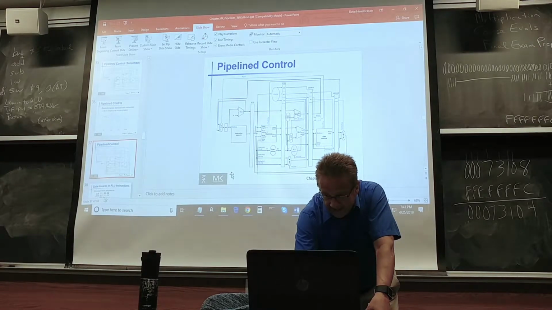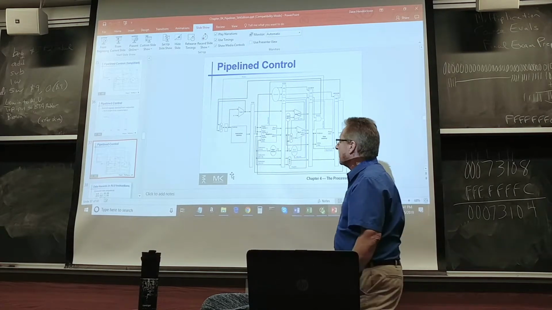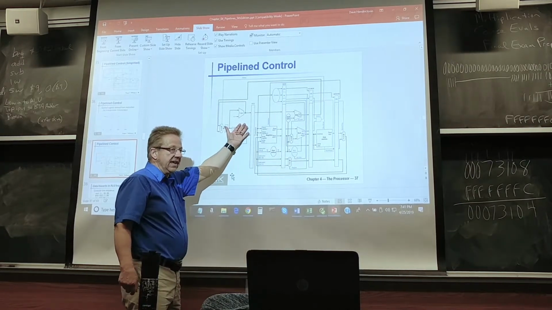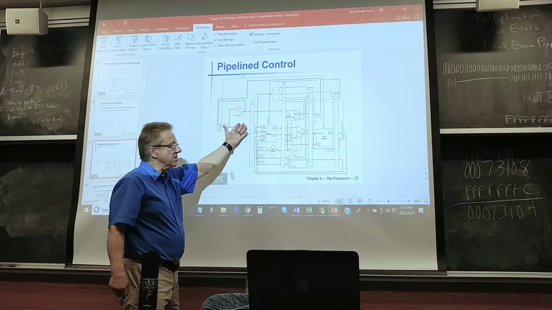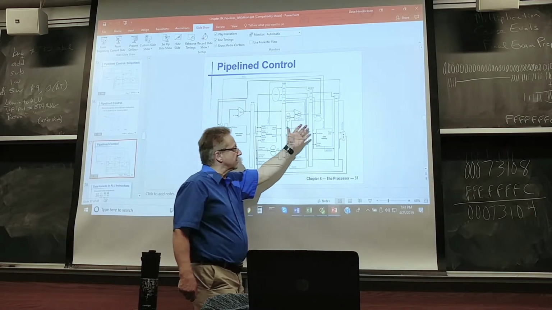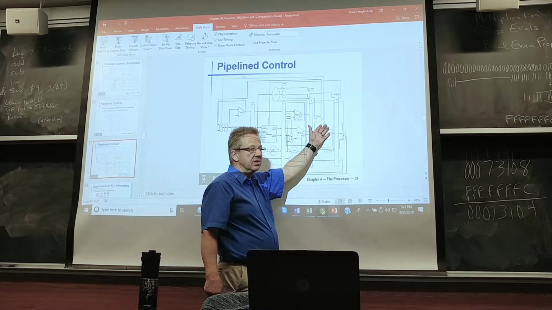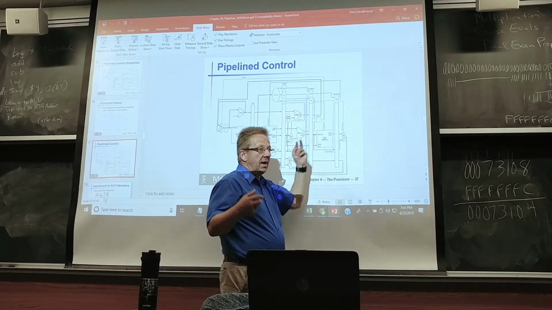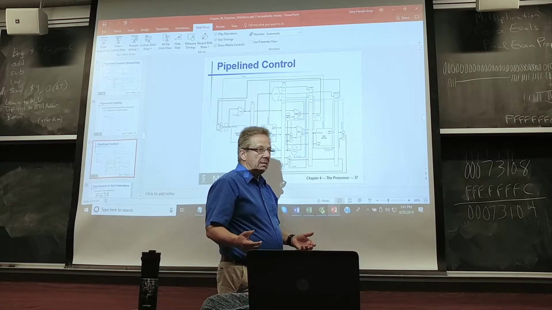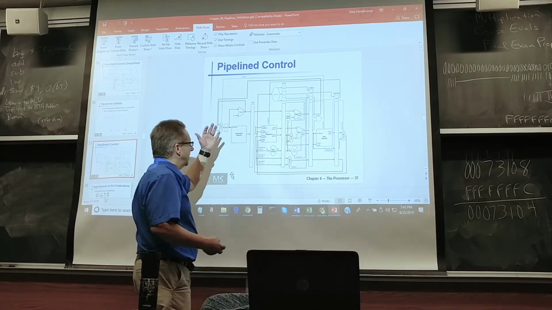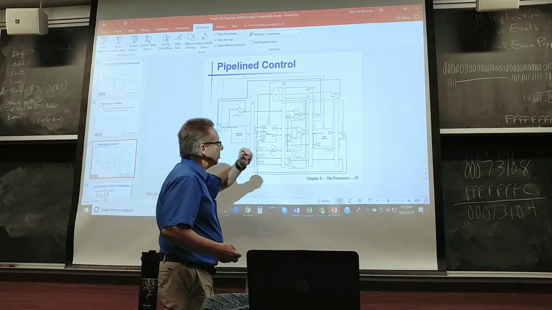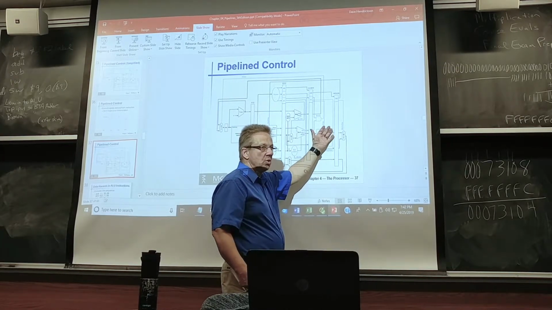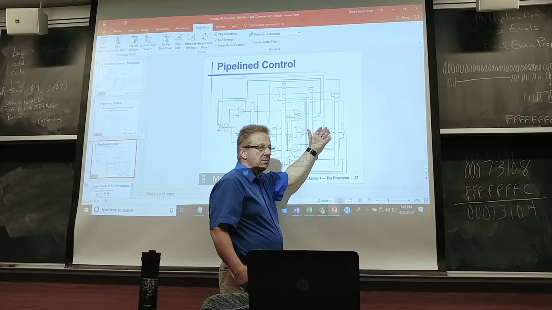Exactly, that is the point. It doesn't matter what the instruction is that's in the IF stage, it's accessing the instruction cache. If it turns out that the instruction that's in the data memory stage is a load or a store, then it's accessing the data cache. It would only be a problem of having a combined cache when a load or a store is in the data memory stage.